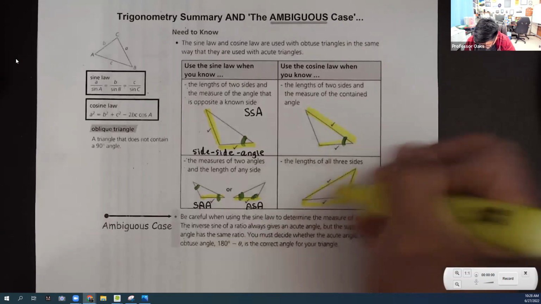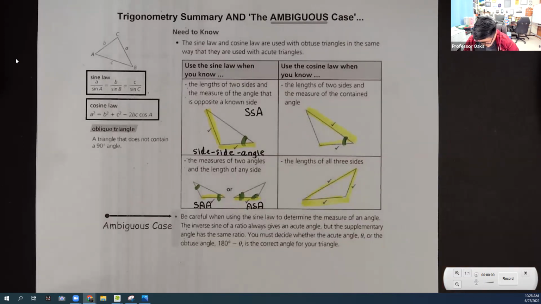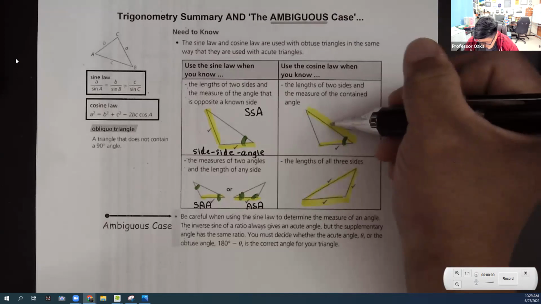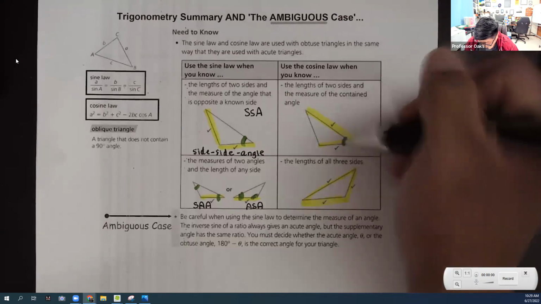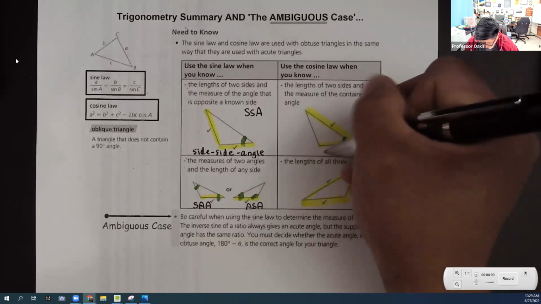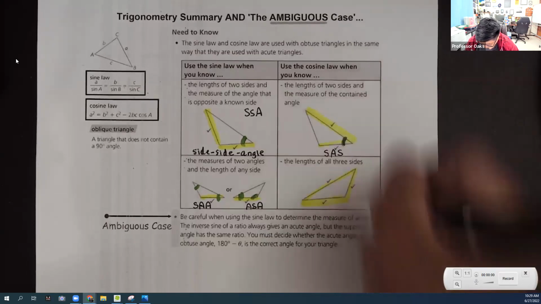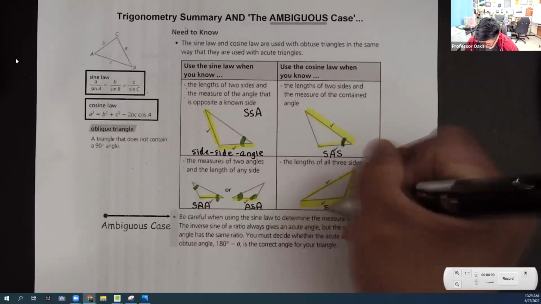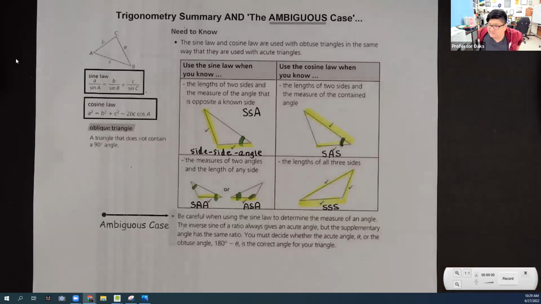And if for some reason you are given a side, then the angle between them and a side, that would be side, angle, side, or all three sides but none of the angles, side, side, side.